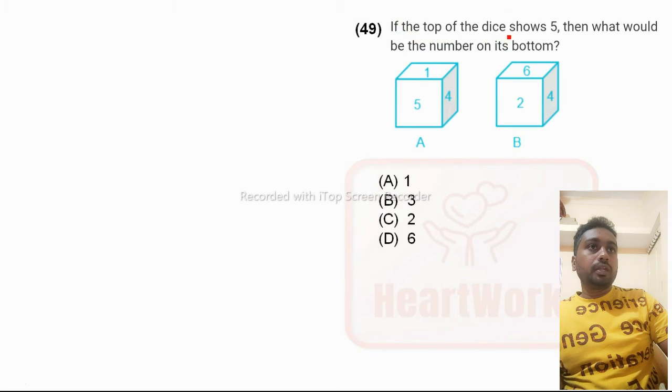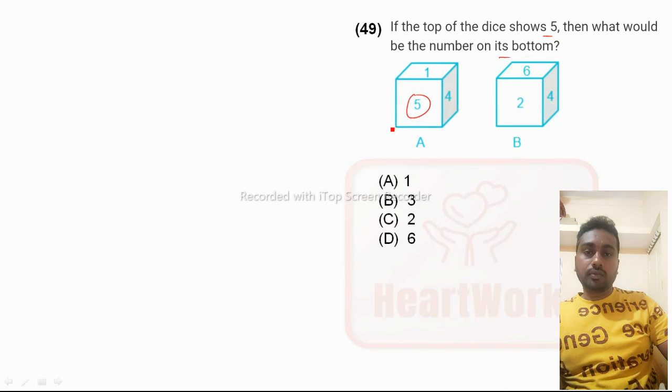Now, if the top of the dice is shown 5, then what would be the number on its bottom? He is asking the opposite of 5, what is the number? Like that question is there. So for that, if two dice are there, what you need to do? First you need to find the one common number in those two dice. So here if you see, this 4 and this 4 is common. Now take this 4 and go like this, clockwise in both dice.